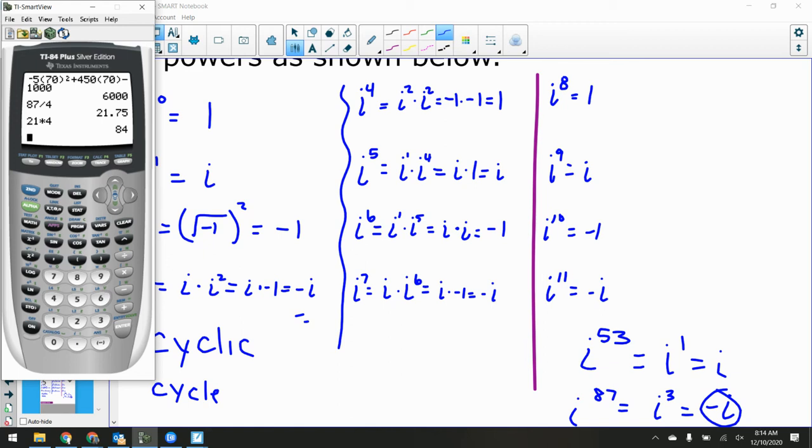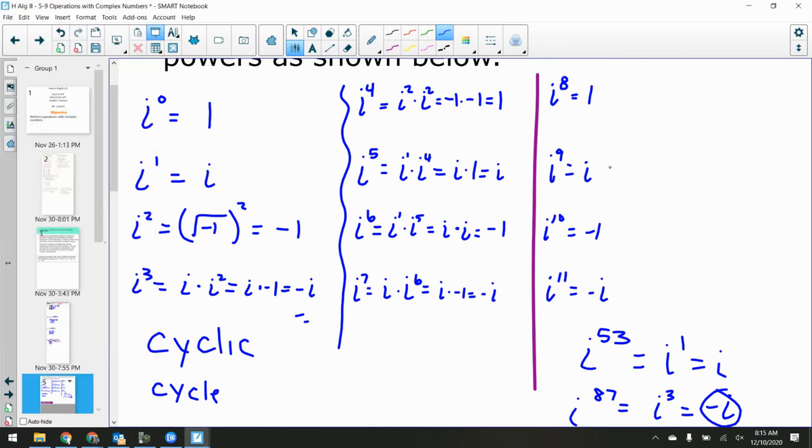Mod 4. Is there anything that i to the second or i to the third? Well, i to the 8th is like i to the 0. So you have to start your pattern at 0. If it's 3 after the 4 sequences, so we have to go 1, 2, 3 right here.